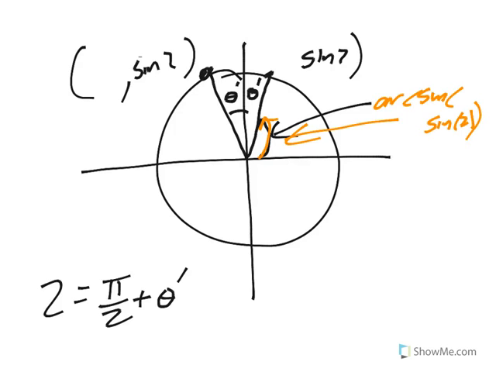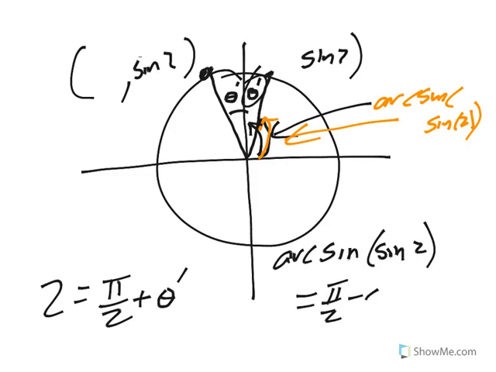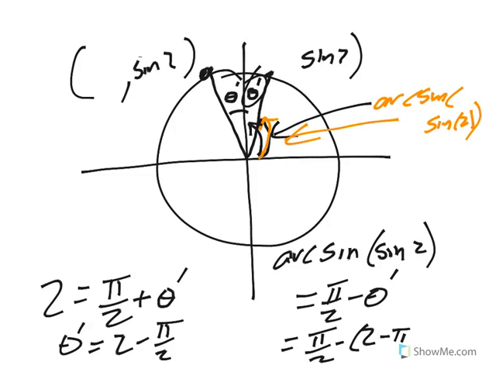So the arcsine of the sine of 2 is π/2 minus this little reference angle. So all right, what is this reference angle? It's 2 minus π/2. Plug that in here: π/2 minus (2 minus π/2).